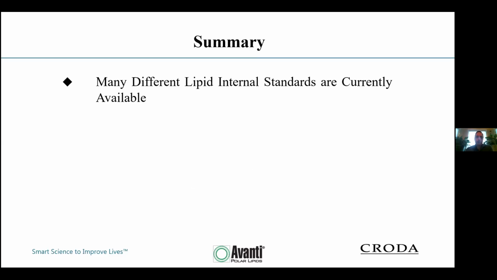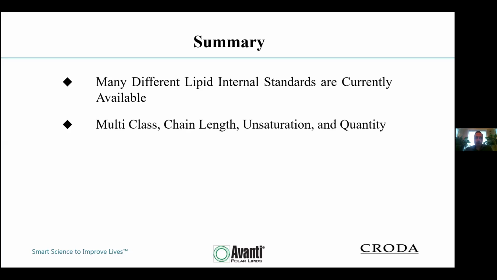So briefly, in summary, there are many different lipid internal standards that are currently available. We have multiple classes, multiple chain lengths with both fully saturated, monounsaturated, and polyunsaturated for quantitation.